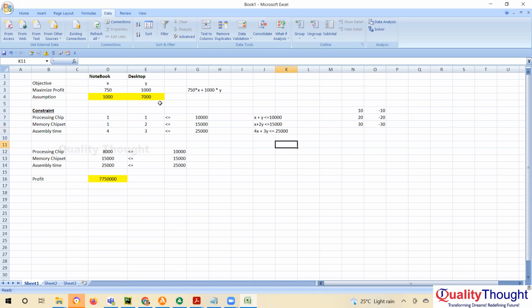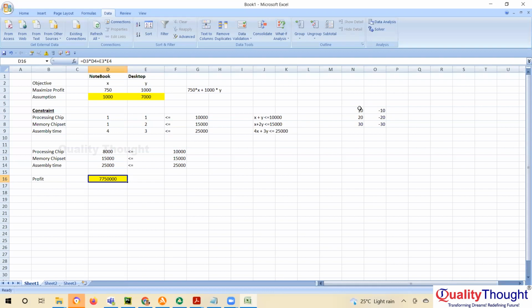Our objective is to maximize this value. Minimize is the algorithm that we have, so if you multiply with -1, it becomes minimization.